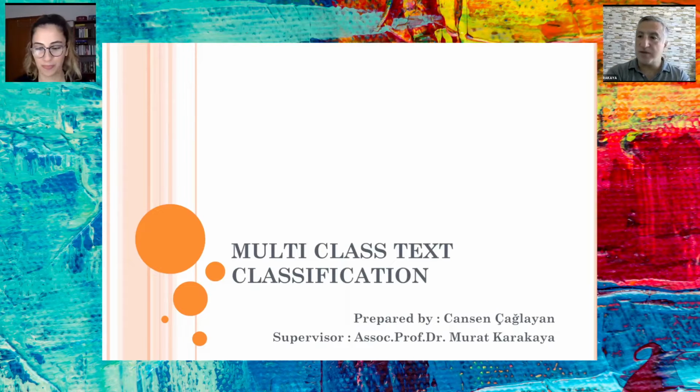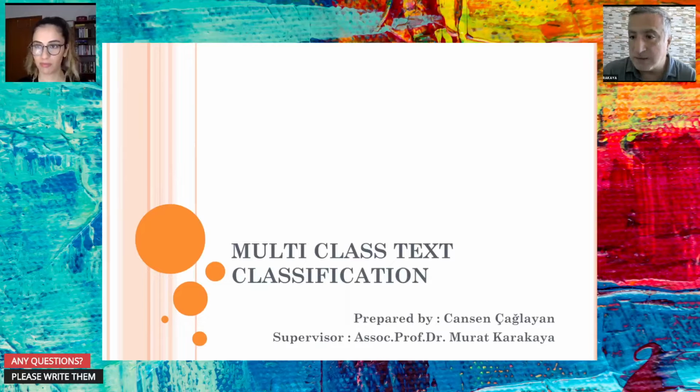Today we are going to talk about how to execute a multi-class text classification. To execute these tasks, we need to first analyze the data and pre-process the data as usual in deep learning. So today, Cansen will talk in two parts.